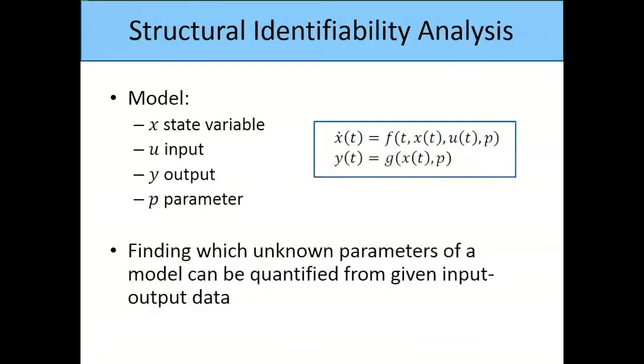So if all of your parameters can be determined from input-output data, that's great, and we say our model is identifiable. However, if some of your parameters can take on an infinite number of values but yield the same exact input-output data, then that's clearly bad, and we say that's unidentifiable. And that's the case I'm going to be focusing on today.